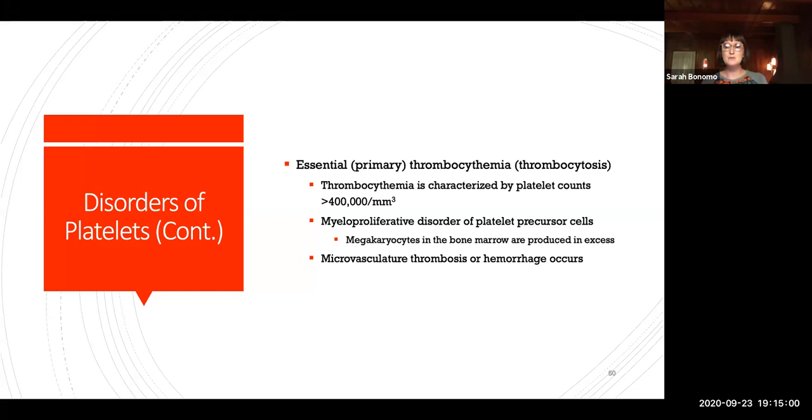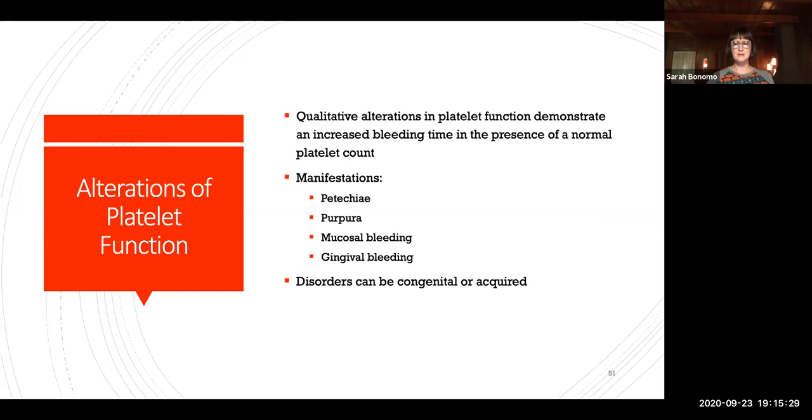And what happens is we get tiny little clots all over in all of the vasculature in our body, or it can ultimately result in hemorrhage because there's too much going on. The blood's too thick and sludgy. It blocks up all the little tiny vessels in the body. We get blood clots, and then everything falls apart from there.